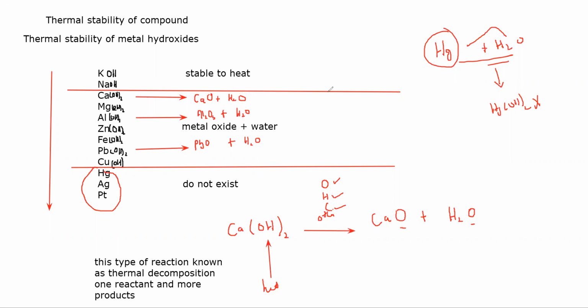Is it clear how the equation is balanced? When we complete the products, the result should be metal oxide plus water. When we write the balanced equation, we found that the atoms are the same on the left and the right hand side. Is it clear, this part?